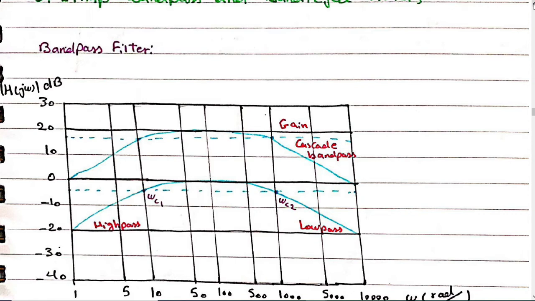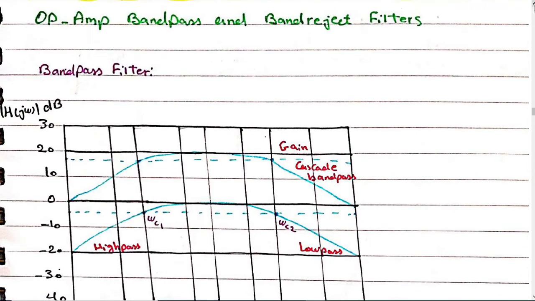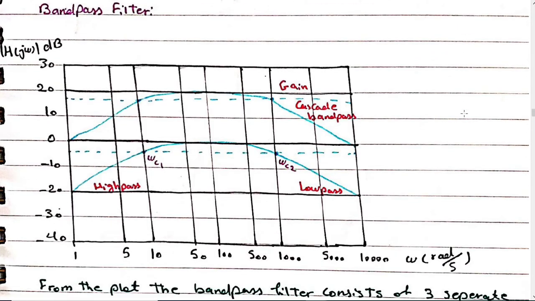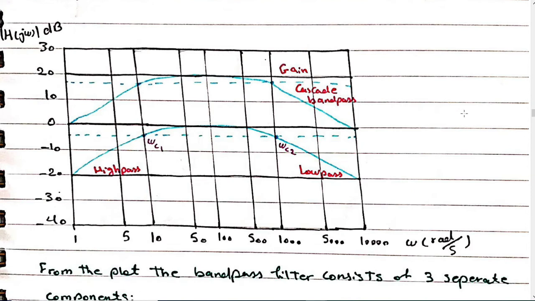Okay, about filters, any questions on filters? So we learned before the passband filter. How did we design a passband filter? We use a unity gain low pass filter and a unity gain high pass filter, and after that we use a gain circuit.